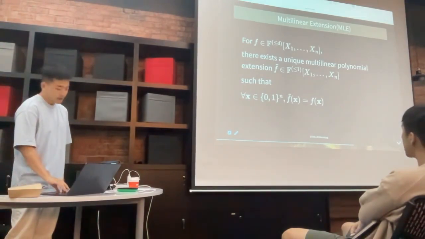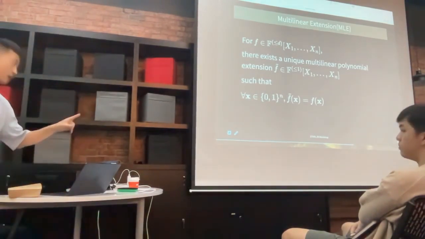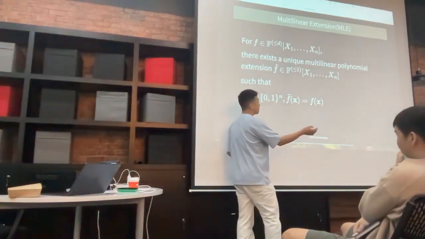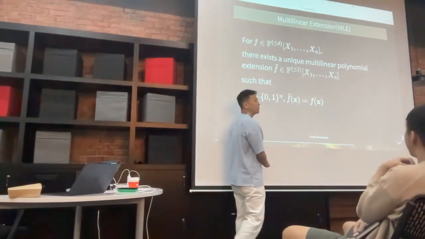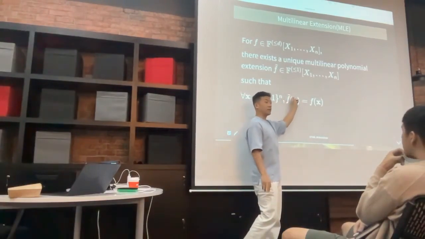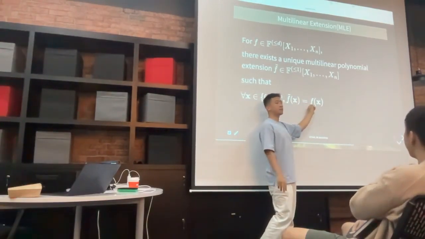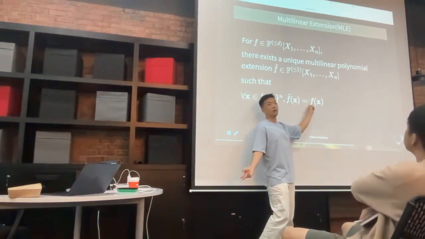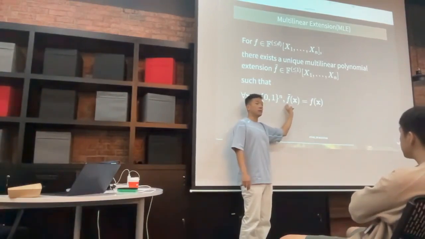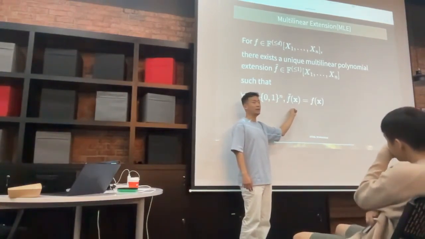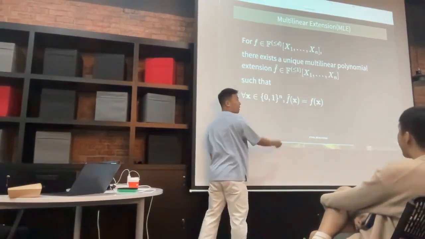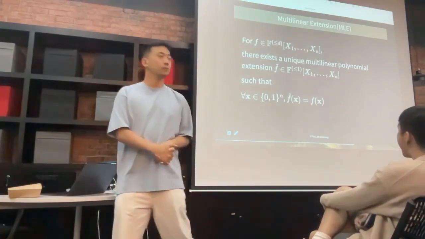And this is the exact definition of the multilinear extension. So you have a multivariate polynomial, small f here, and you're going to have a multilinear extension. The hypersurface may have degree more than 2 or 3, etc., but this is its corresponding unique hyperplane that evaluates to the same value for all of the Boolean hypercube.